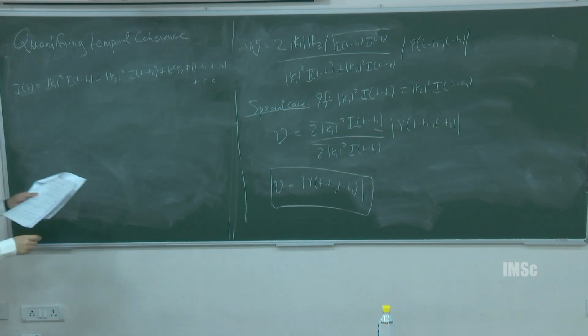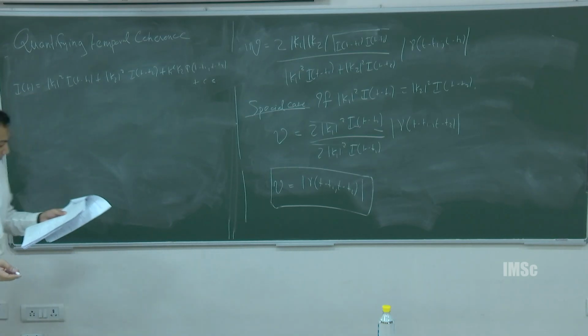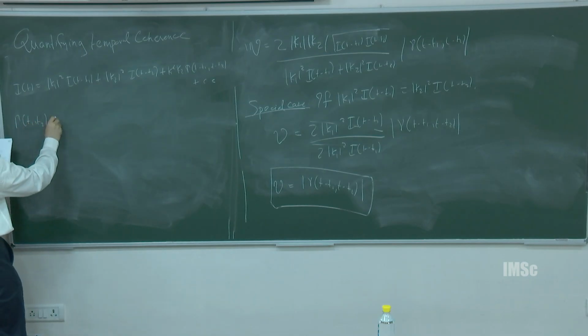Now, let us recall the generalized Wiener-Khinchin theorem that relates the cross correlation function to the cross spectral density.